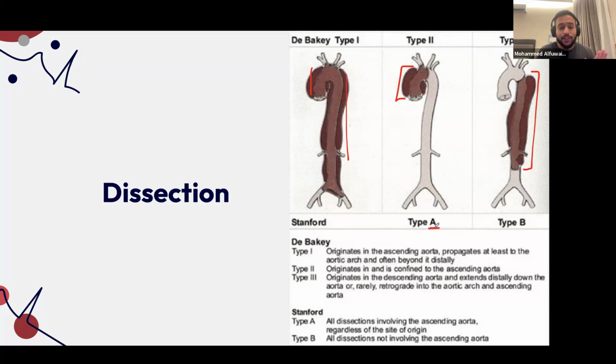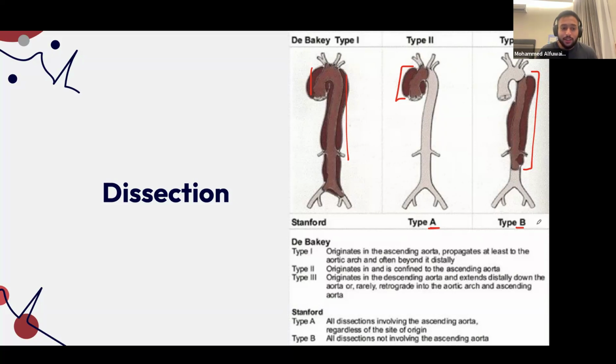Type B does not have the ascending aorta. That's it. So again, the DeBakey 1, ascending and descending. The DeBakey 2, ascending. The DeBakey 3, descending. Stanford A has to have ascending. If it does not have ascending, it's type B. Is this clear for the dissection?